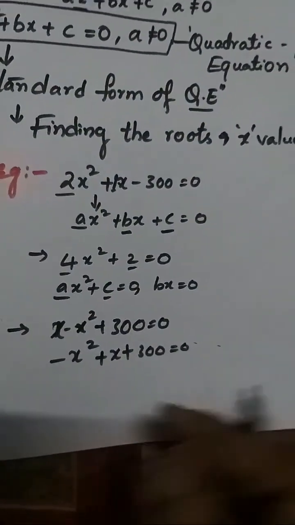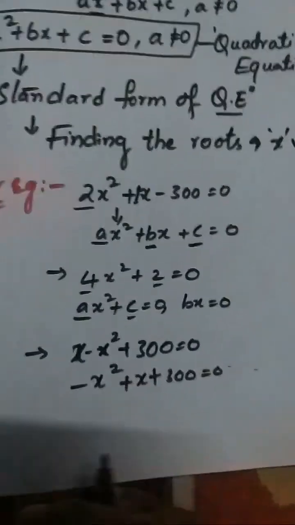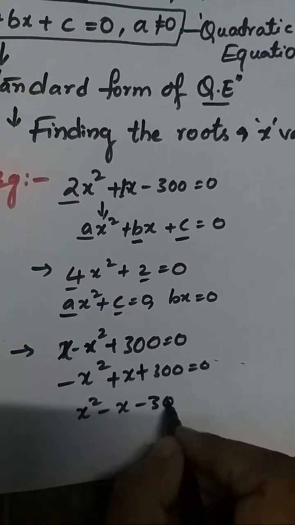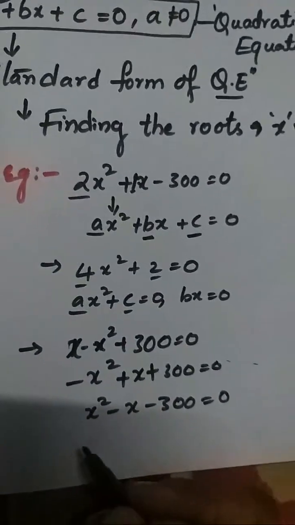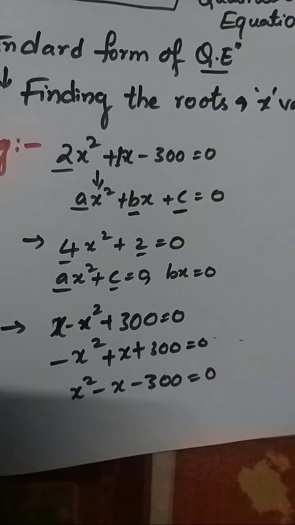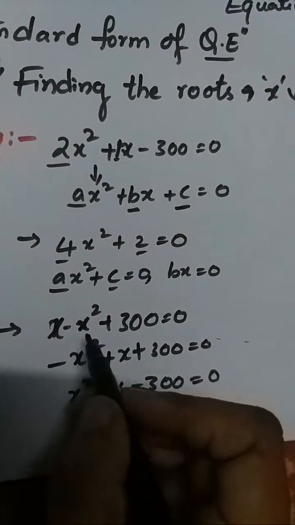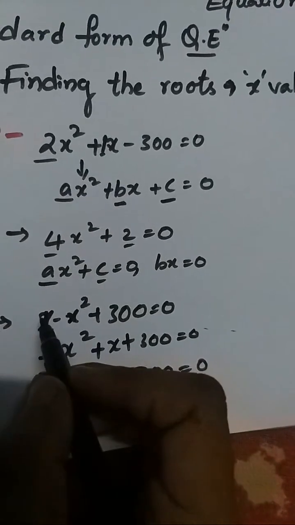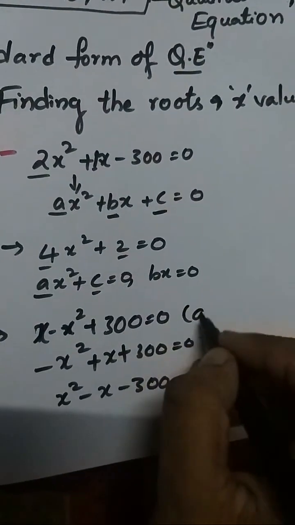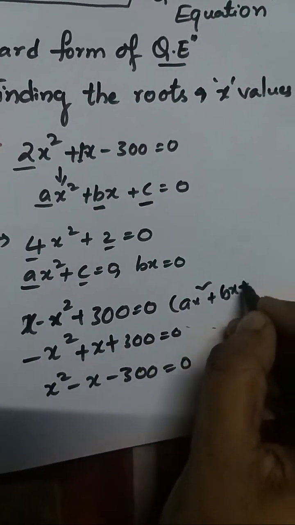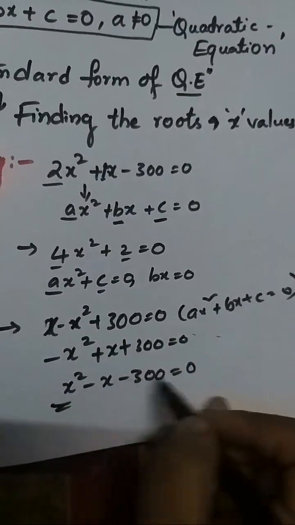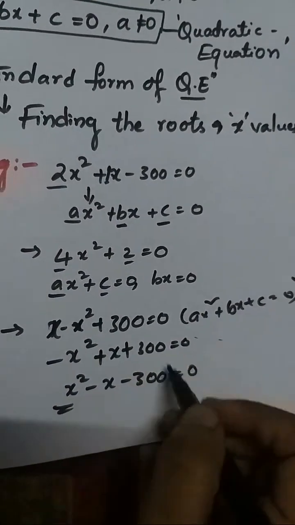We have to write this given equation to become a quadratic equation: x square minus x minus 300. Then this is now converted into a quadratic equation. Okay, x square and x and the constant are there. We can write it in the ax square plus bx plus c equal to 0 form. So this is the final quadratic equation we have written.